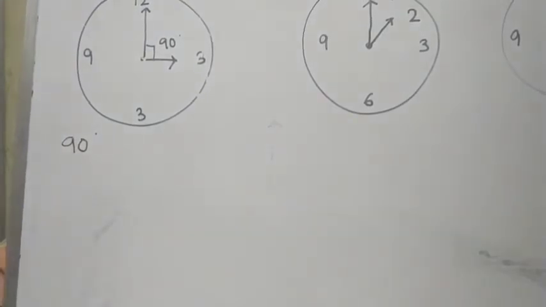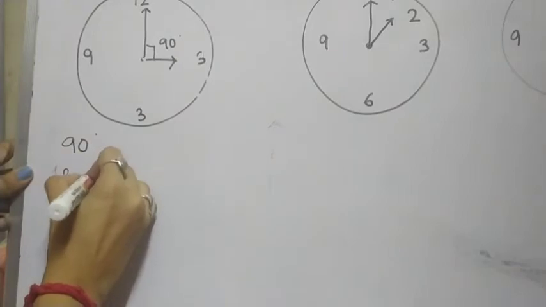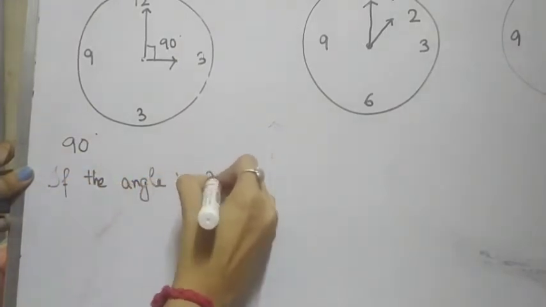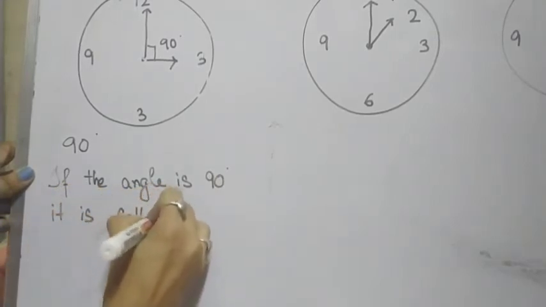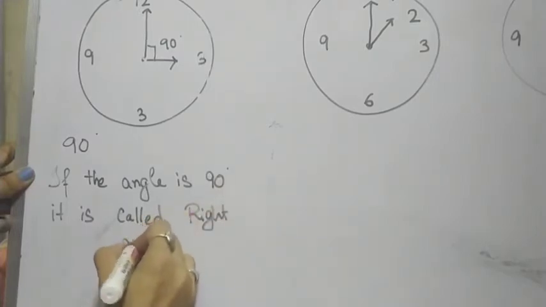This angle, which is absolutely 90 degree, is known as a right angle. So if the angle is 90 degree, it is called a right angle.